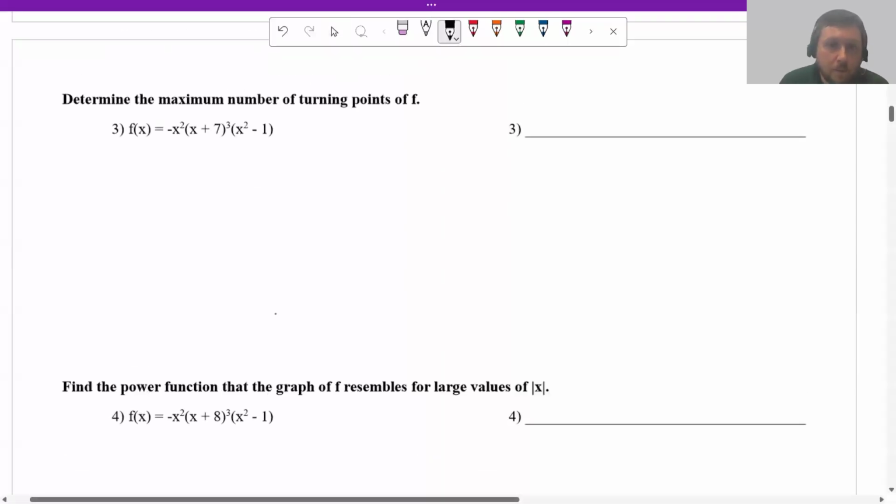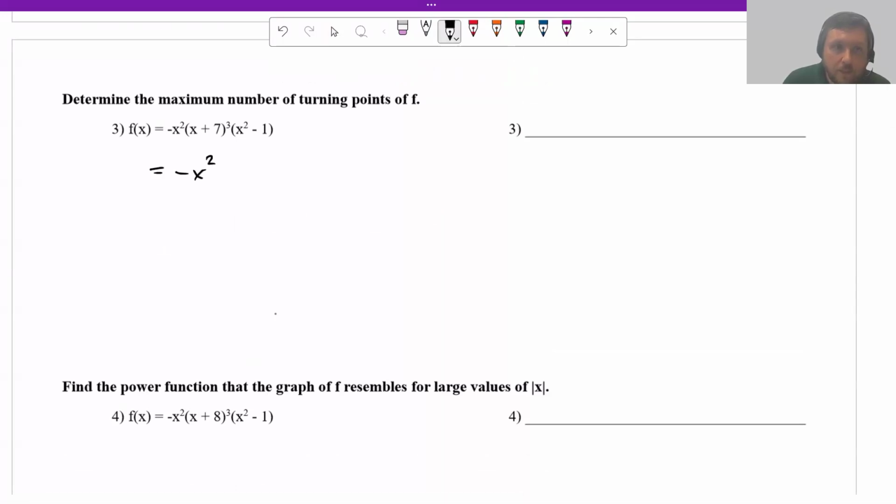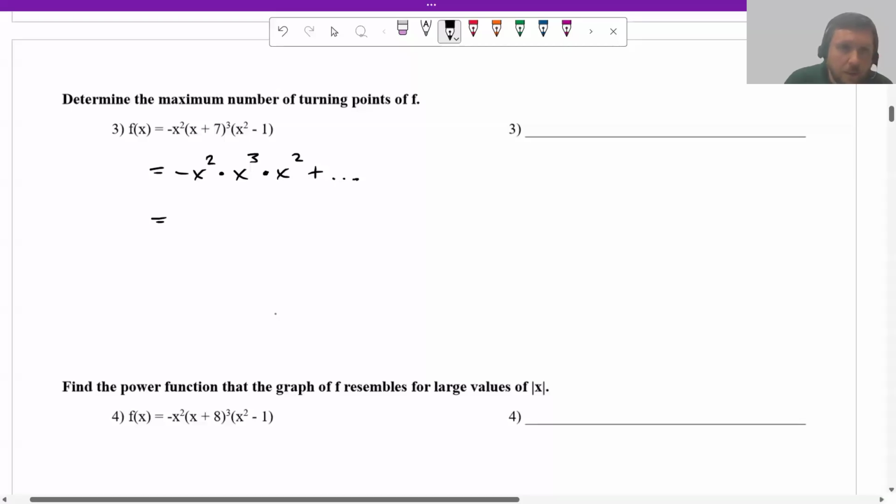Determine the maximum number of turning points of f. So what we need to determine is the degree. So imagine multiplying this out. So then I have -x squared. So this x plus 7 cubed, the highest degree term is going to be the x cubed that we get. And then we have an x squared minus 1, so times x squared. And then there's a bunch of other stuff that I'm going to sweep under the rug, because I just want to figure out what the highest degree term is so we can figure out the degree.